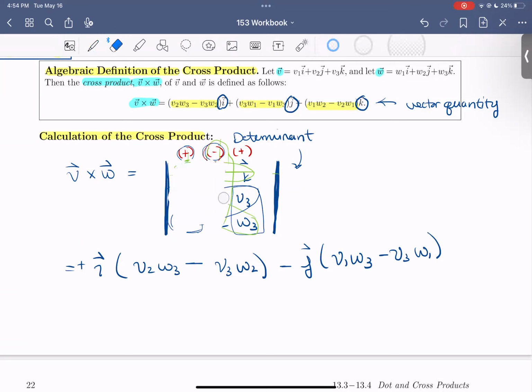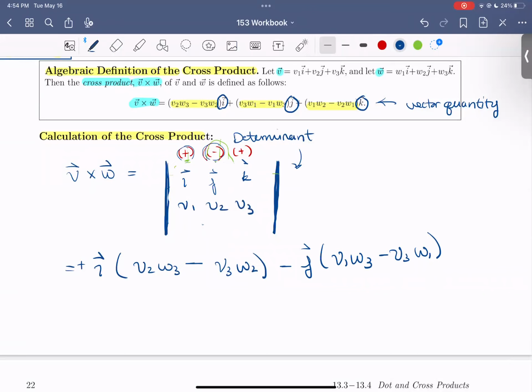Finally, I just need to take care of the third column. So what that looks like is the following: i, j, k, v1, v2, v3, w1, w2, w3. I'm going to cross out that final column and my row. That's our k component, and I'm adding.